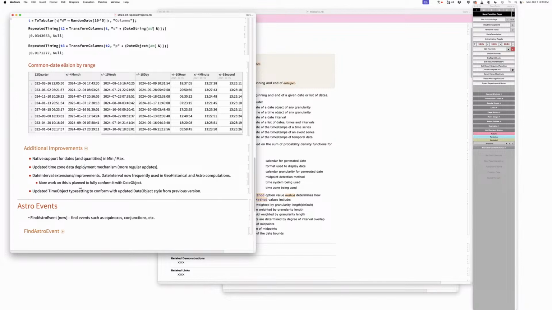Let's see. Date interval. Yes, definitely. Yes, these two fields are demanding improvements in date interval. Right. And before long, we really have to have these spatial trajectories as a function of time. It's going to be another thing. There'll be orbits in Astro, but there'll also be paths of planes on the Earth.